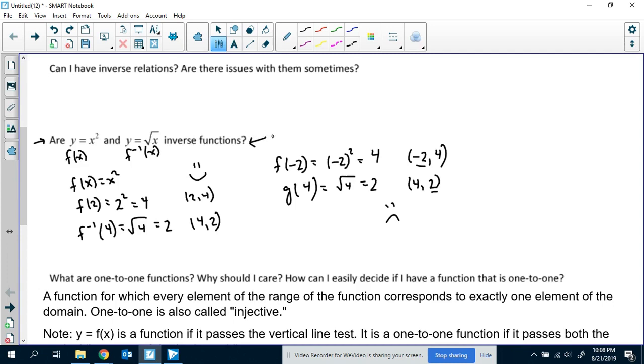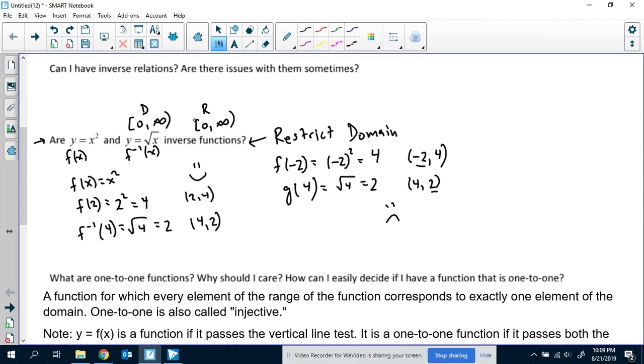These are inverse functions, once again, on the domain where it works. So if I restrict the domain, then I can get inverse functions. So y equals square root of x had a domain of 0 to infinity, and the range was 0 to infinity also.